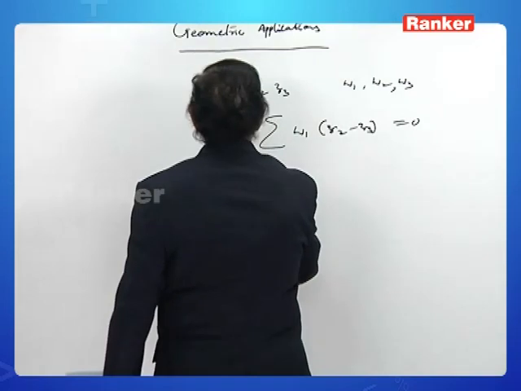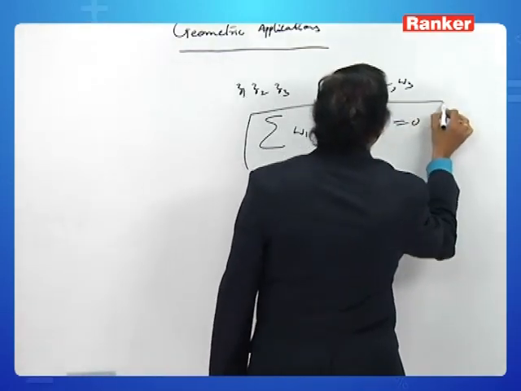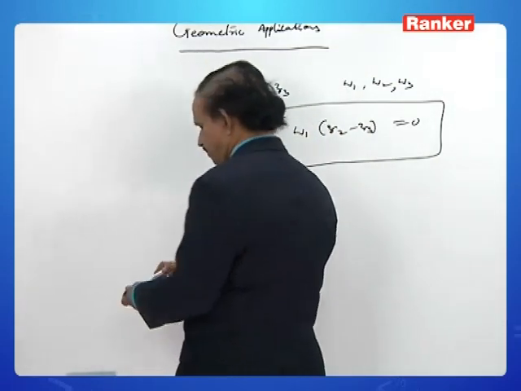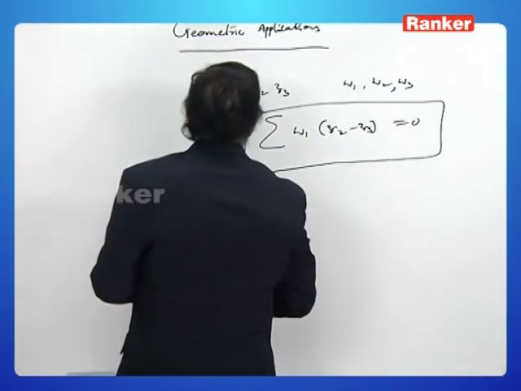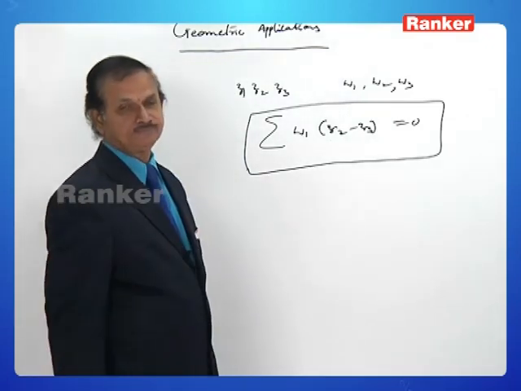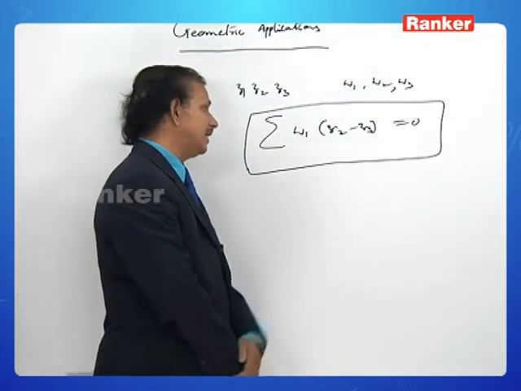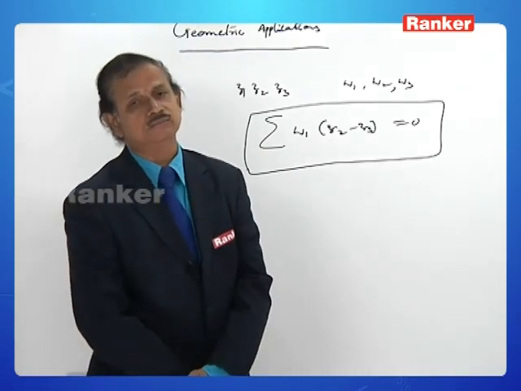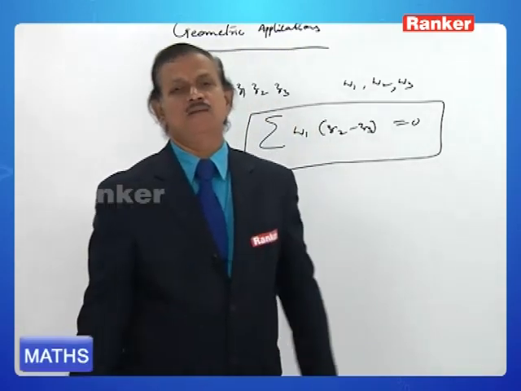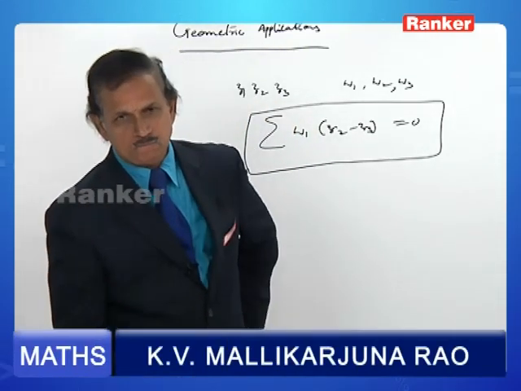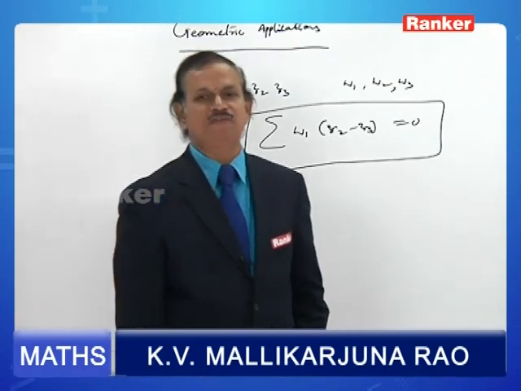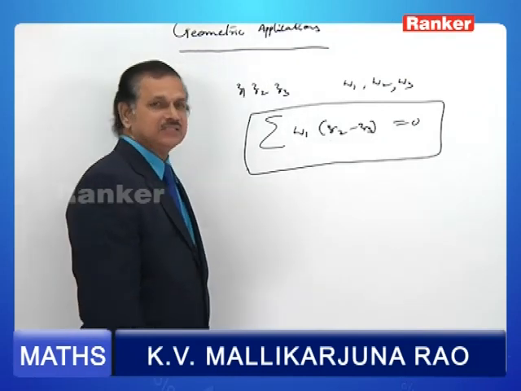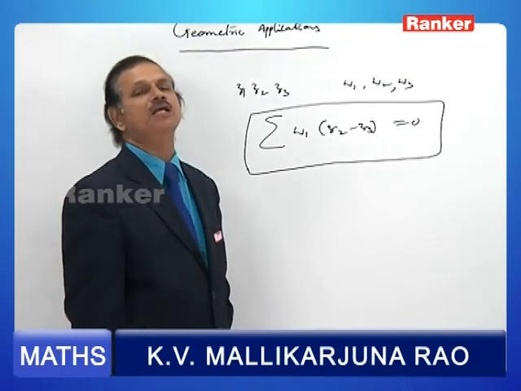It is a famous condition of similarity between two triangles with vertices W1, W2, W3 and Z1, Z2, Z3. Of course, this can be replaced by sigma Z1 into W2 minus W3 is equal to 0. That can also happen, and the proof may not help us in view of the scope of time. Therefore, you can easily recollect that this condition is the condition of similarity of two triangles.